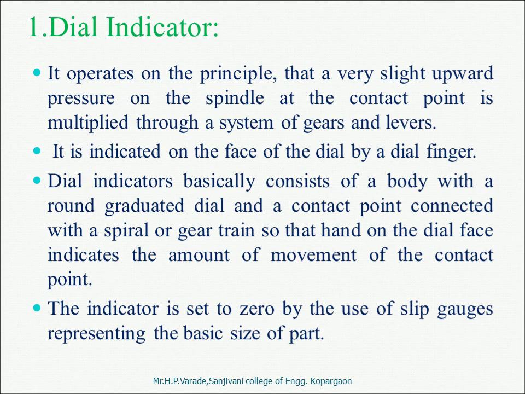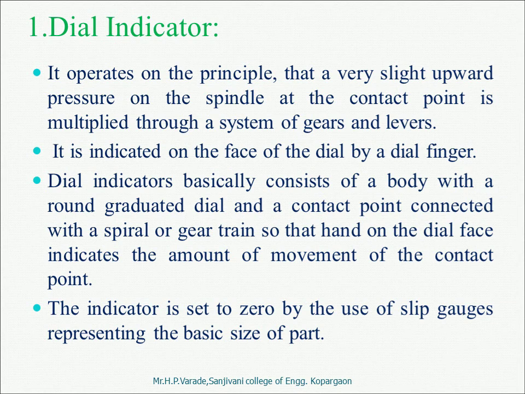Dial indicator. It operates on the principle that a very slight upward pressure on the spindle at the contact point is multiplied through a system of gears and levers. Means, in this dial indicator, we have used gears and levers for sensing and magnification of the signal.